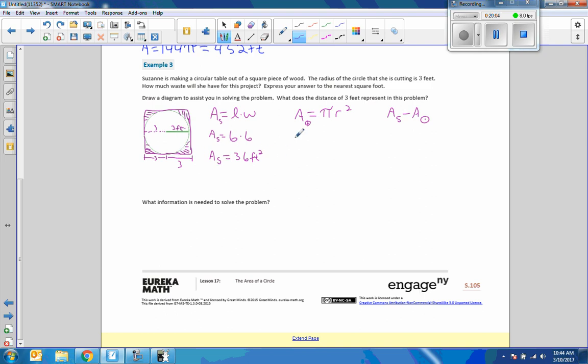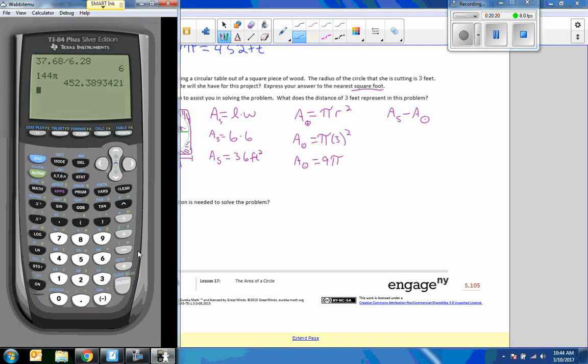Now we have to find the area of the circle, which is pi times radius squared. So the area of the circle equals 9 pi. And it says nearest square foot. So I'm going to put 9 pi in my calculator.